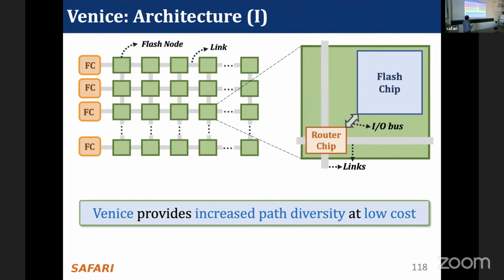When you want to make that happen, you're bottlenecked by the width of the IO path. That's the overhead that we have for the router chip. Our analysis showed that the router chips increase the area of the chips inside the storage subsystem by 10%. But our links are much smaller compared to a shared channel bus.